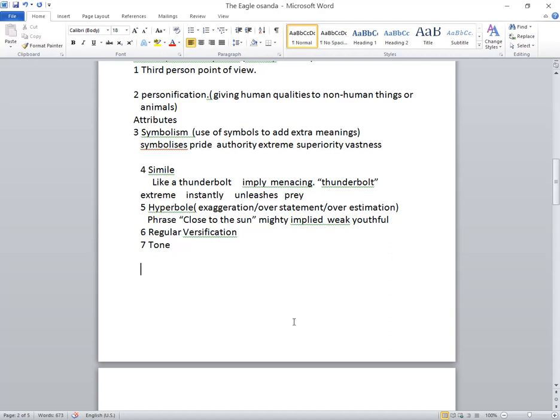Give me one feeling Tennyson depicts, Tennyson's feelings for the eagle. That is Tennyson's tone.